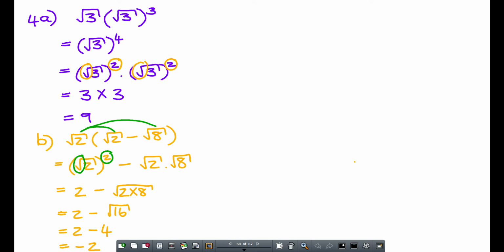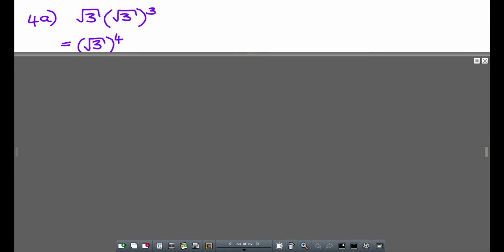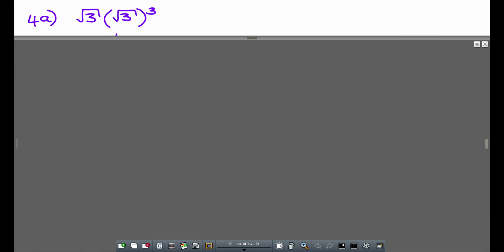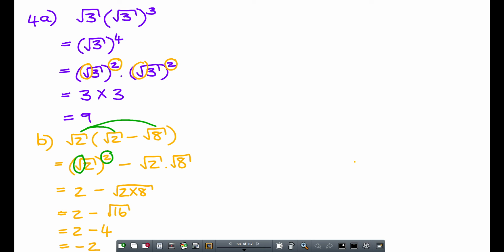Completely understand the first bit of how it turns into 4. Okay. Right. So if I were to give you, let me take this away and rather write it. If I were to give you x times x to the power 3, you're going to multiply it in. And x times x to the power 3 will become x to the power 4. Same thing here.